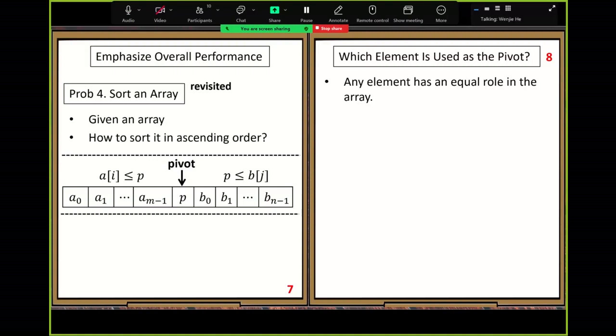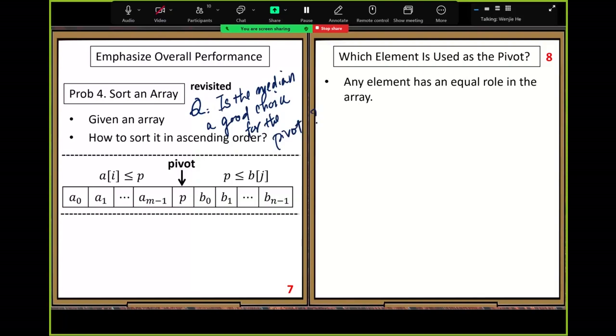Here, let me throw in a question. Question. Do you think the median of the array, right, is the median a good choice for the pivot?